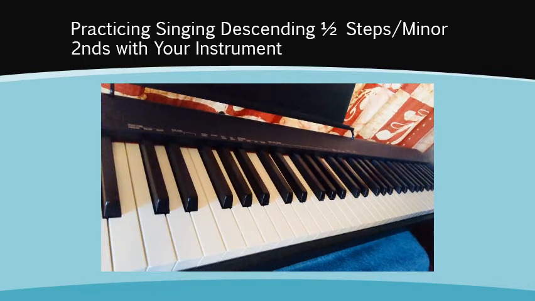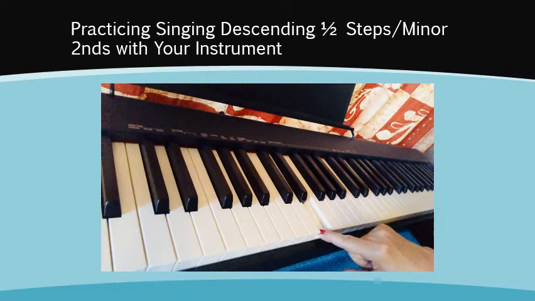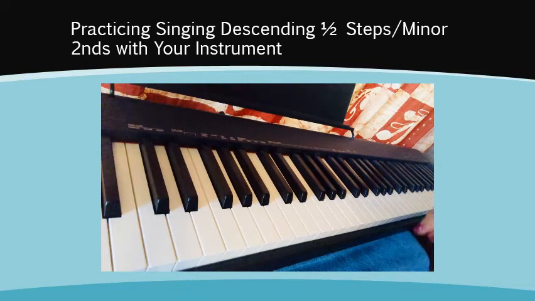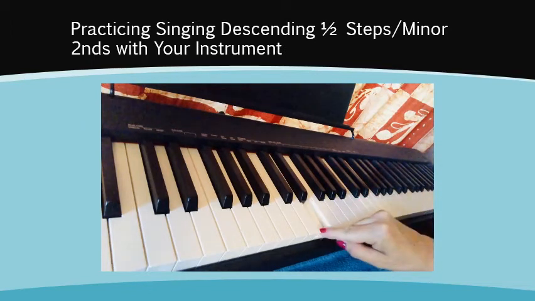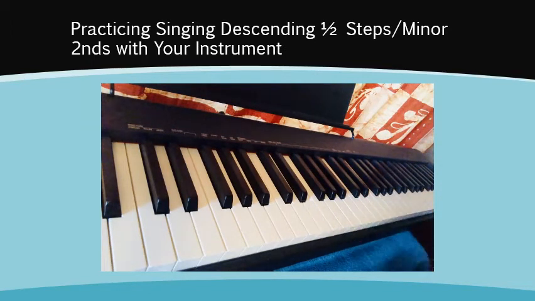Open your ears. Here's the note. Here it is again. In your mind's ear, imagine that note. Just kind of turn the tuning knob down a half step. Then sing it.